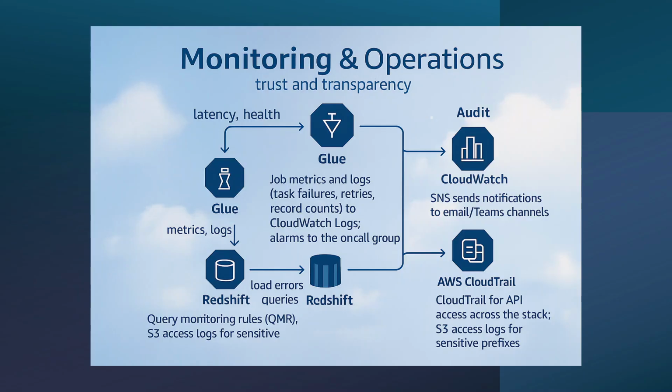So for auditing and compliance, all API calls are captured by CloudTrail and stored for a year in a versioned S3 bucket. AWS Config tracks configuration drift. If, let's say, someone disables encryption on a bucket, we're alerted immediately.